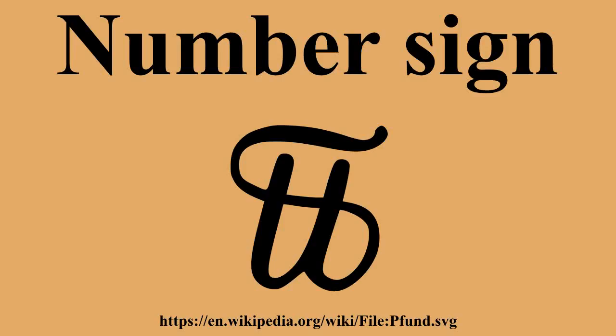Unicode. In Unicode, several hash characters are assigned. U+0023 # number sign. Other attested names in Unicode are pound sign, hash, crosshatch, octothorpe. U+FF03 fullwidth number sign, U+FE5F small number sign, U+E0023 tag number sign.